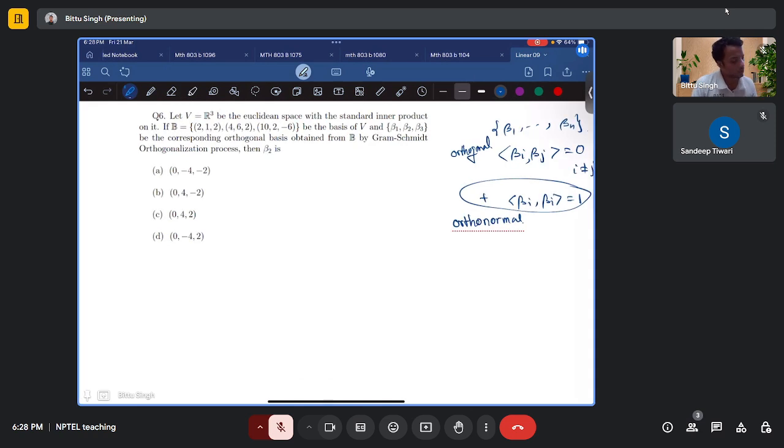So here we need to find an orthogonal basis by using the Gram-Schmidt method. What is the Gram-Schmidt method?